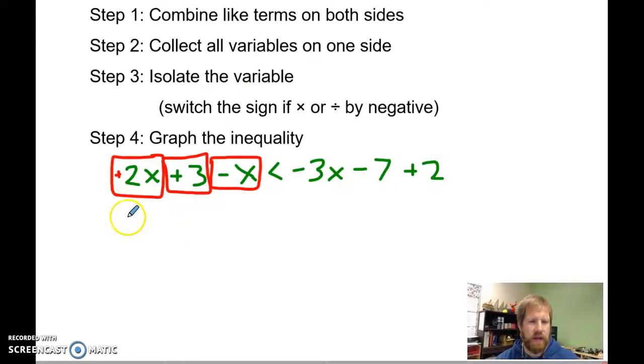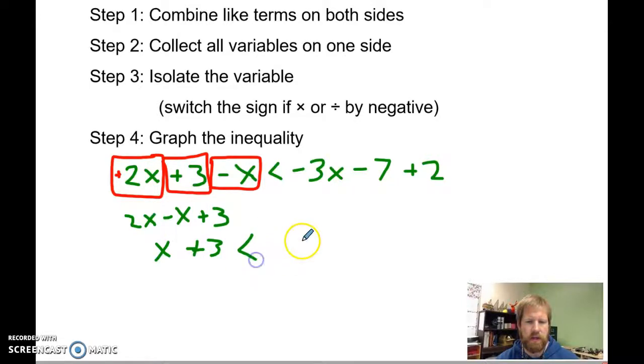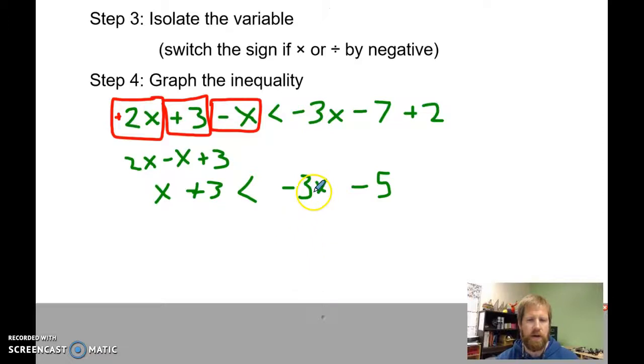So I can rewrite this as 2x minus x plus 3, or x plus 3 is less than, and then on this side they're already next to each other, so I don't need to worry about it. A negative 7 plus 2 is going to get me to a negative 5, so minus 3x minus 5.